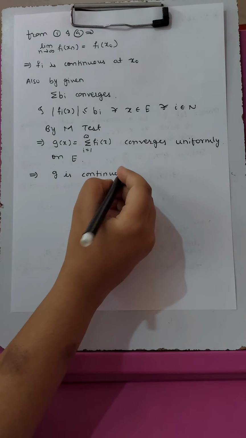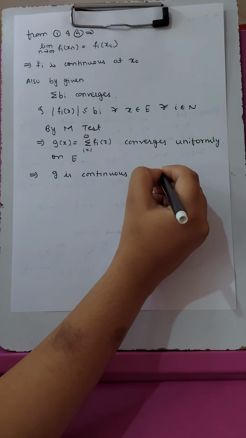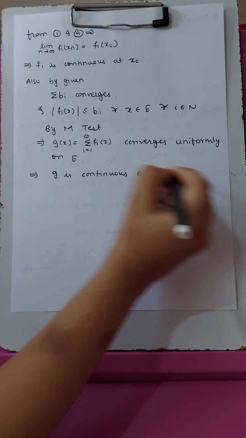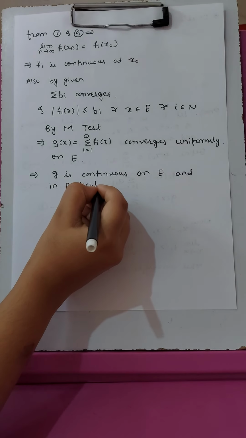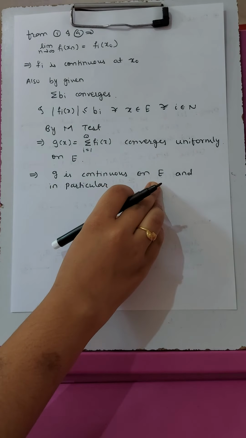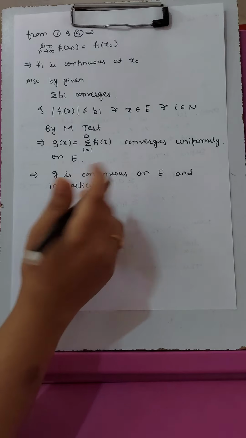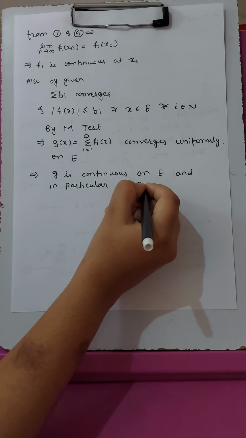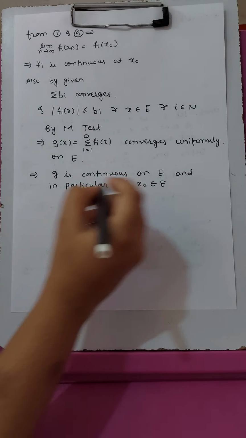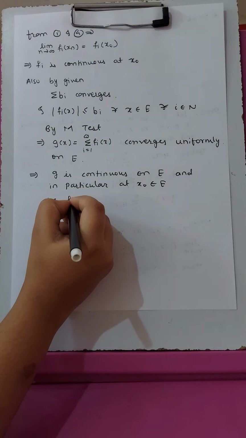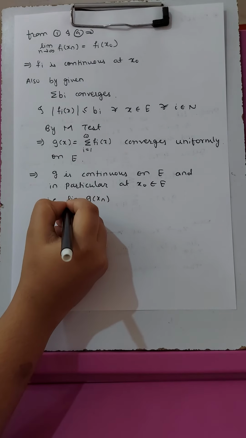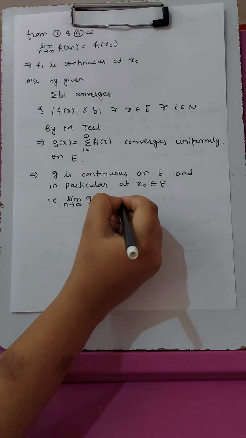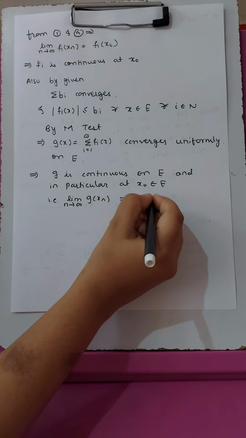Therefore g is continuous on set E, and in particular on the set E this g is continuous at x0 which belongs to the set E, that is limit n tends to infinity g of xn is equals to g of x0.